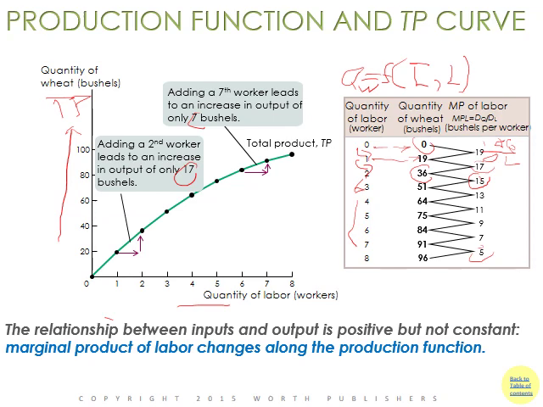If this is output and this is the amount of labor you employ, the change in output given the change in labor is the slope of this line. So the slope of this line gives you the marginal product of labor, and as you hire more people, the marginal product of labor is decreasing.